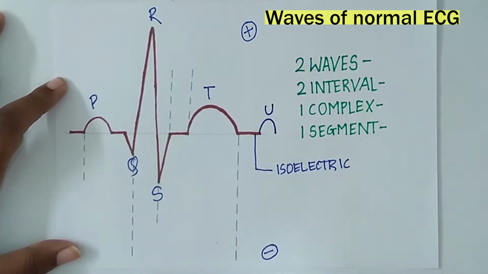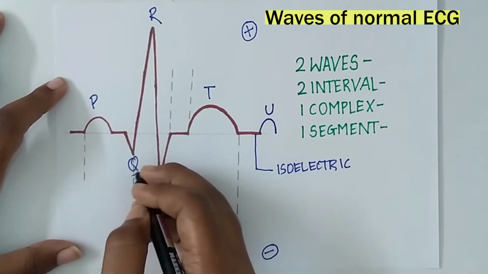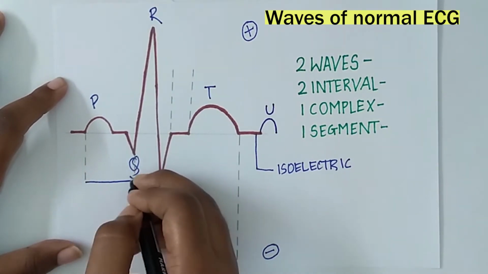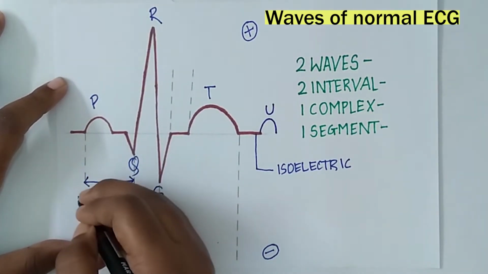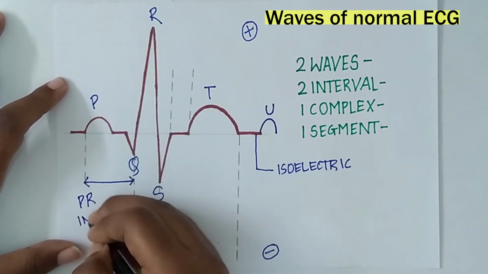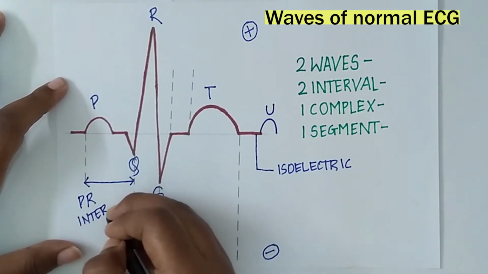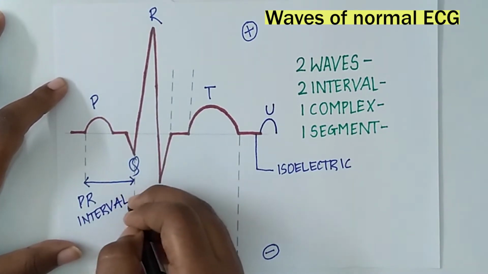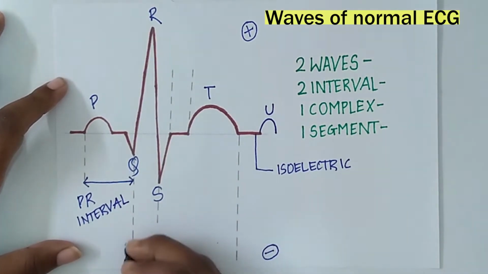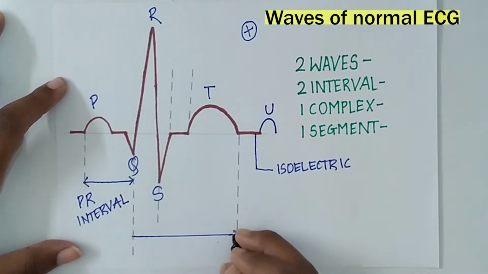Then we have PR interval, which is from the onset of P wave to the onset of Q wave. Then we have QT interval, which is from the onset of Q wave to the end of T wave.